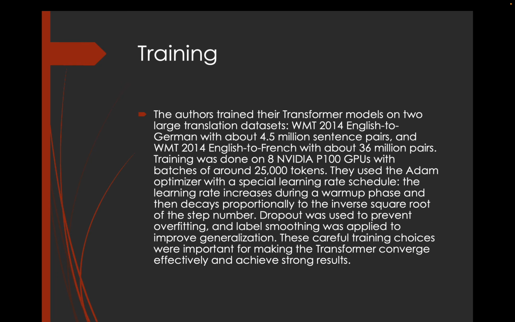The learning rate increases during a warm-up phase and then decays proportionally to the inverse square root of the step number. Dropout was used to prevent overfitting, and label smoothing was applied to improve generalization. These careful training choices were important for making the transformer converge effectively and achieve stronger results.